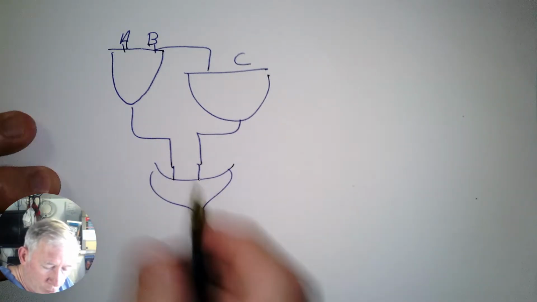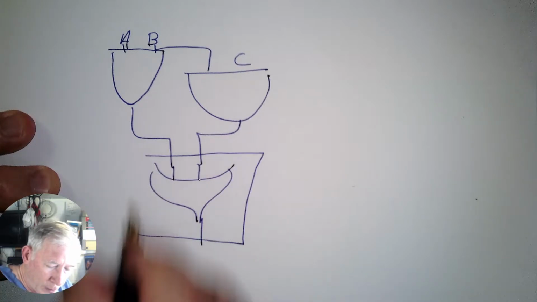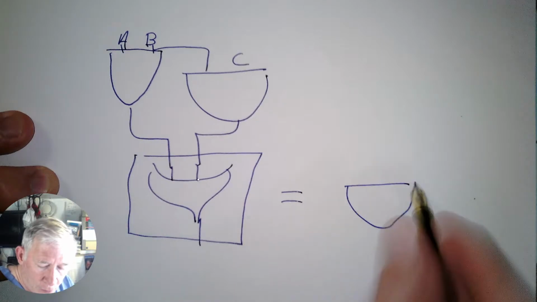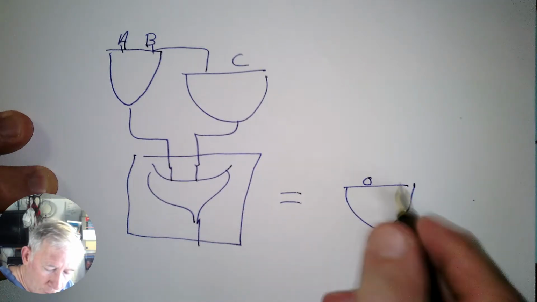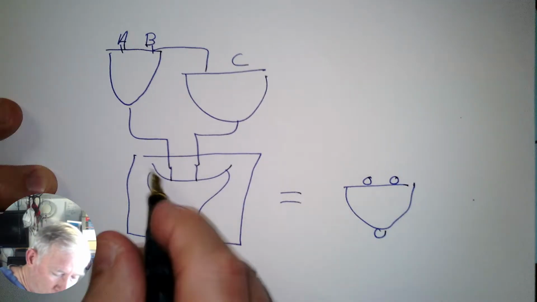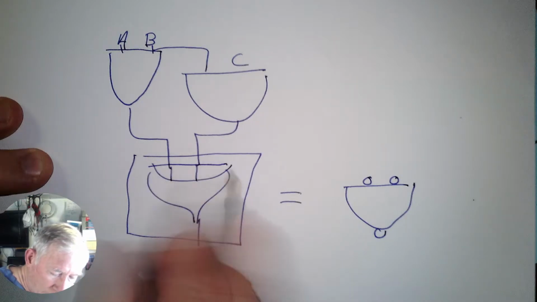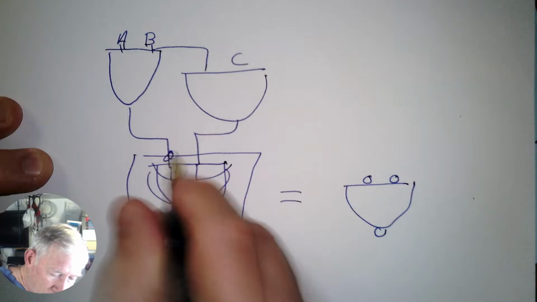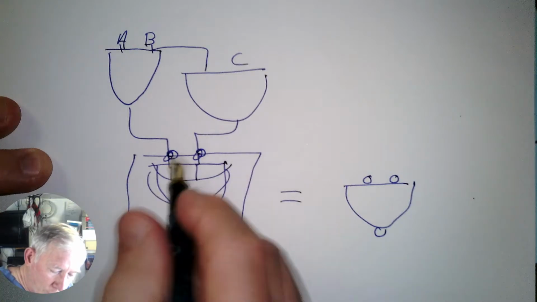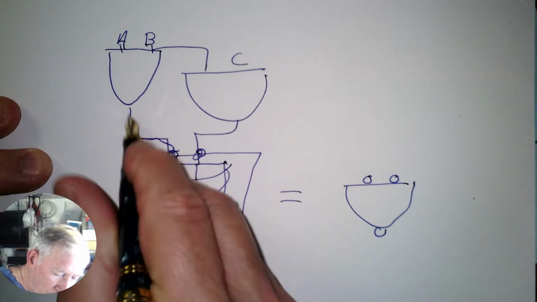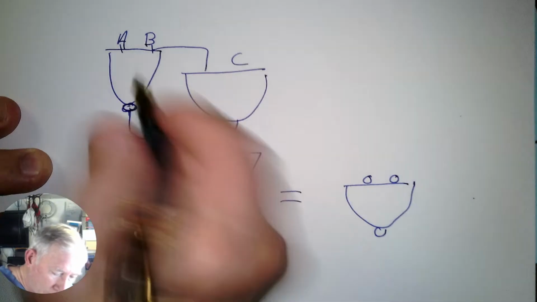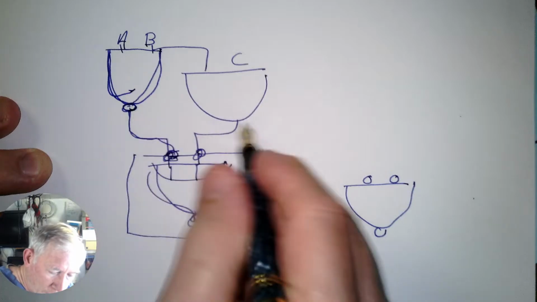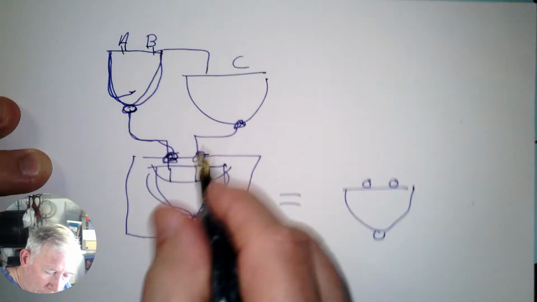Now what you do is you replace this OR gate with its equivalent, which is an AND gate with bubbles on the output and the 2 inputs. So we'll put in an AND gate, bubble here, bubbles here, and a bubble there. Then you erase these bubbles and slide them up. So now you have a bubble here. This looks more like an OR gate, doesn't it? You put a bubble there and a bubble there, and you take them away from here.